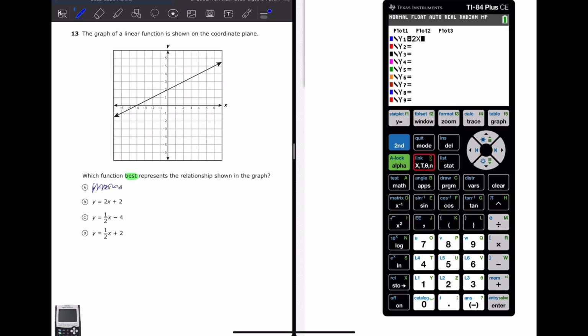Try the next one. Trying to zoom in so I can see the intercepts. Maybe.